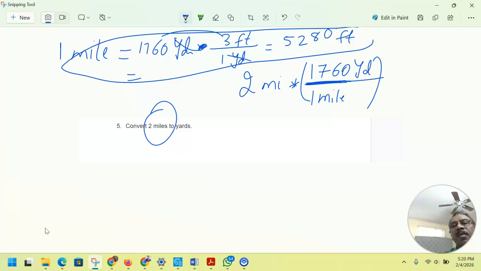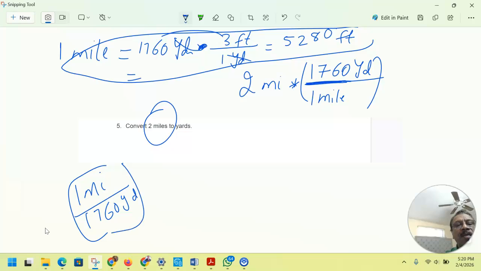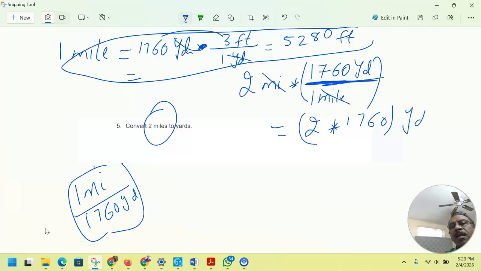I'm using this conversion factor. Another conversion factor would be 1 mile is 1760 yards. So this is also a conversion factor. But why did I use this? So that we can cross out the mile and mile. And you just have to multiply this by 1760, and whatever that answer will be the same.